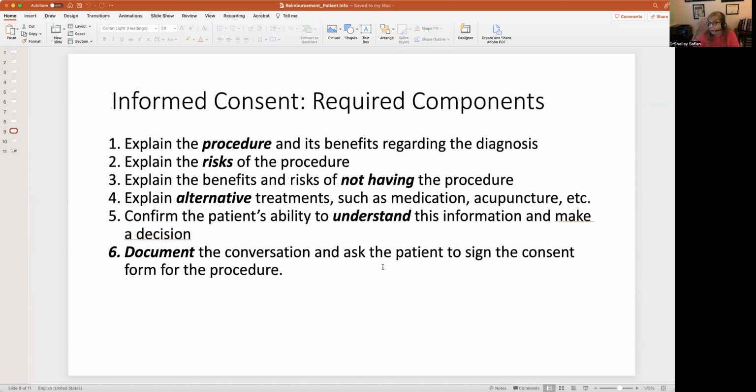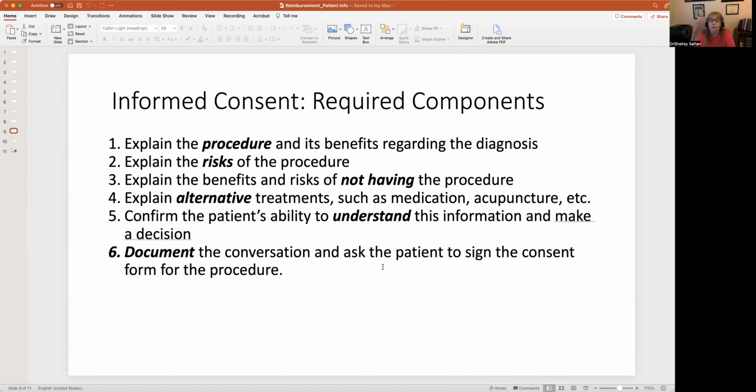All right. Now, informed consent requires specific components. And this is very important because, again, we in health information management are the keepers of the documentation. This documentation must be express.